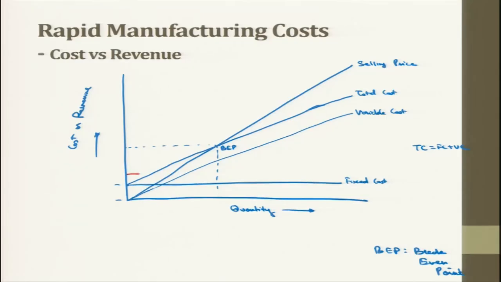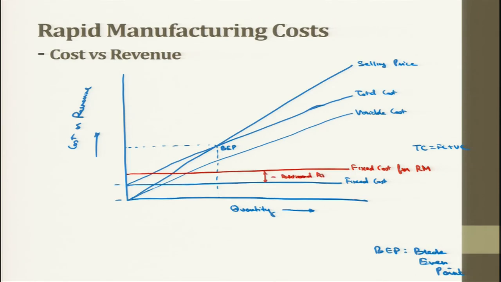So, that fixed cost would come here, let me change the color of the pen, it would be something like this. So, this is fixed cost for rapid manufacturing, because this difference is additional RM machines.